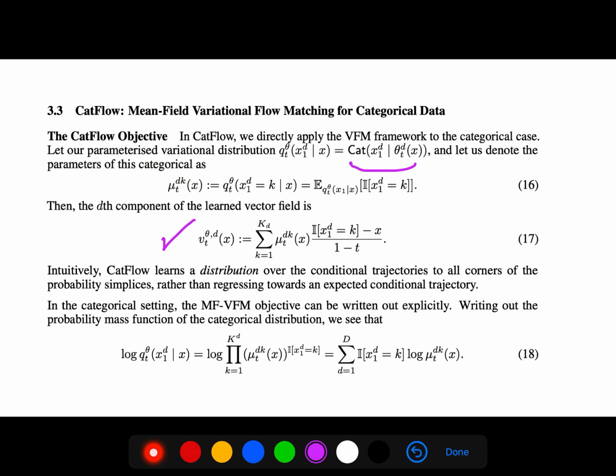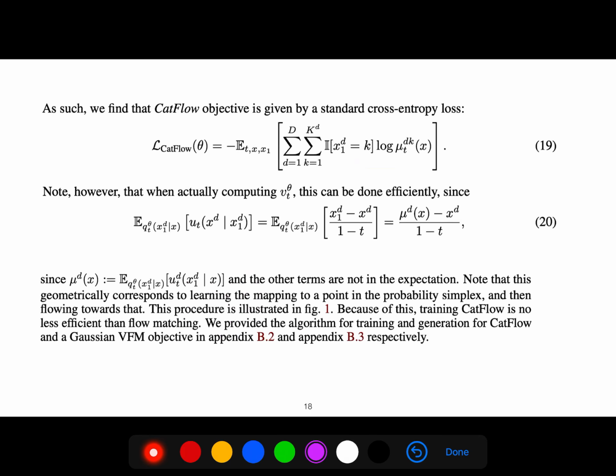Now, the mean field variational flow matching, this one, can be written out explicitly. Writing out the probability mass using this, and then we find that CatFlow is given by the cross entropy loss. So we can actually compute V_t. This can be done efficiently because of this relation.